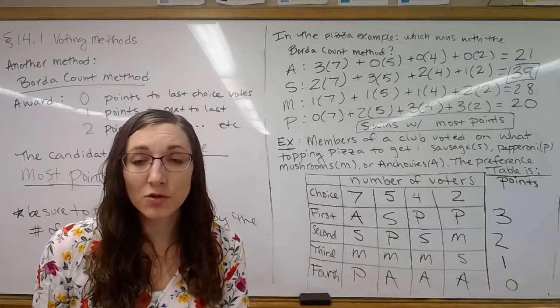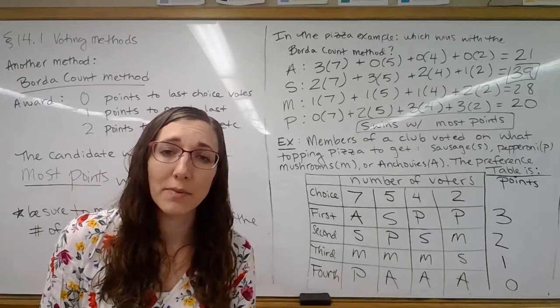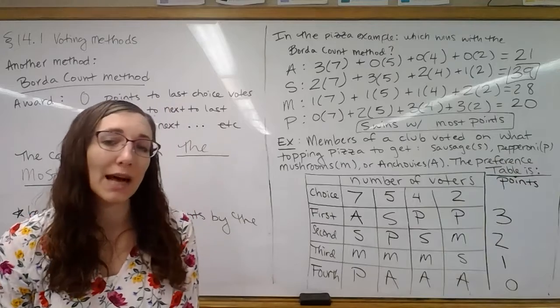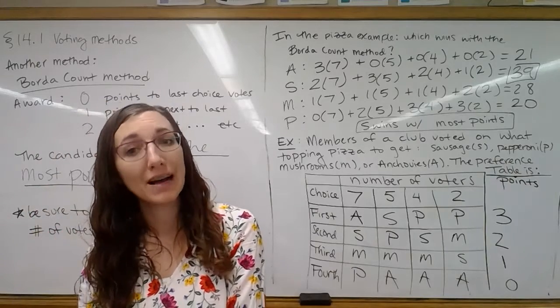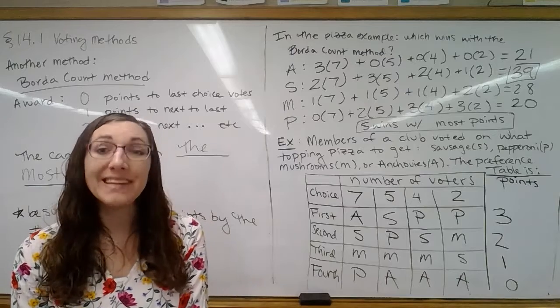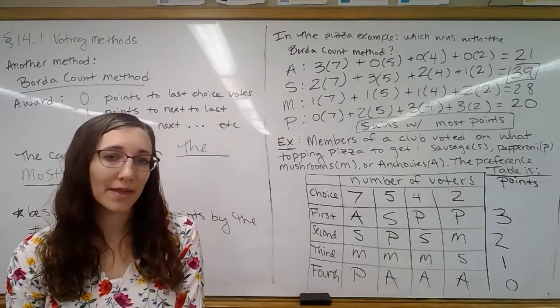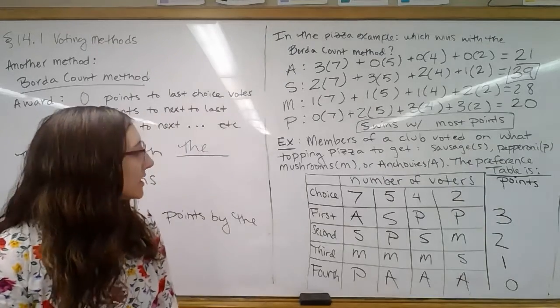Like if someone gets a majority of first choice votes, they're a pretty good candidate and we should maybe declare them the winner. We're going to talk about that later in the class, but it is possible with Borda count that there could be such a candidate and they'll lose. They don't win the Borda count method, which is really interesting.